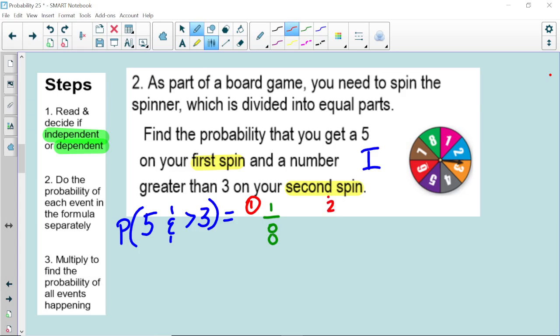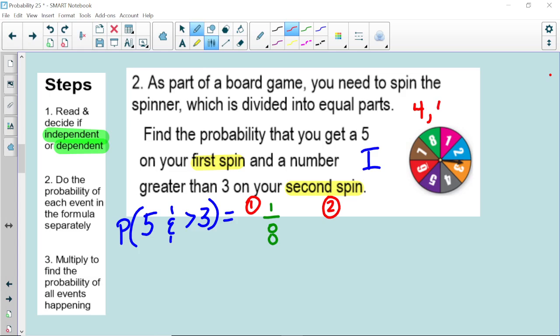All right, now we're going to do event 2 separately. Event 2, getting a number greater than 3. So on our spinner, what numbers are greater than 3? Let's list them out. 4, 5, 6, 7, 8. Let's write that down up here.